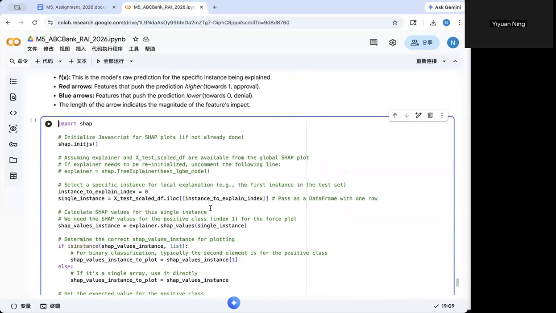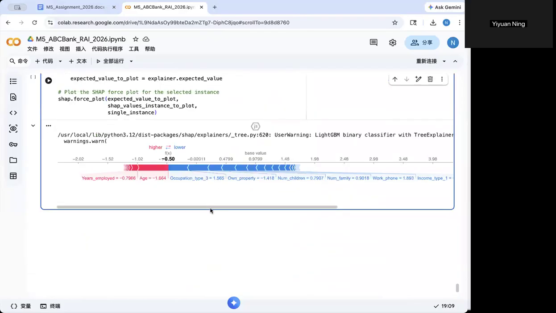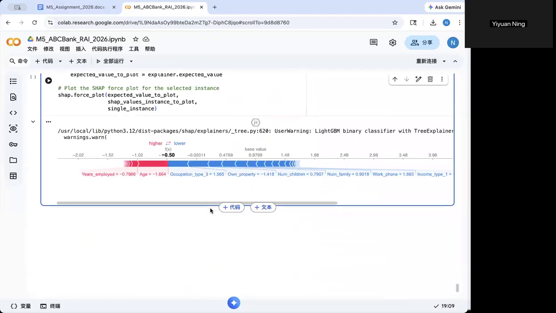Then I also have the SHAP local explanation. This SHAP force plot provides a local explanation for one individual prediction. The base value is the model's average prediction across the dataset, and the final value, f(x), is the prediction for the specific case. Red features push the prediction higher towards the positive class, while blue features push it lower towards the negative class.